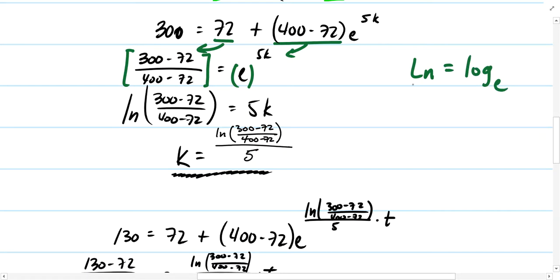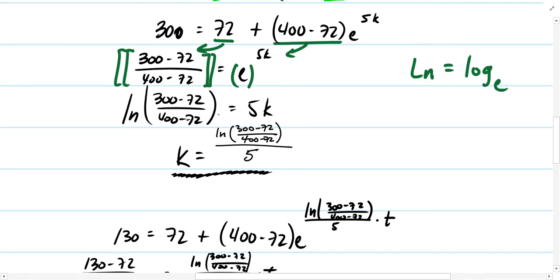It's just one of those special examples. So we've got the logarithm evaluated at this argument that we just identified a moment ago. And if the logarithm of that number is equal to 5k, then the very last thing we have to do is divide by 5, and we'd have our k value.